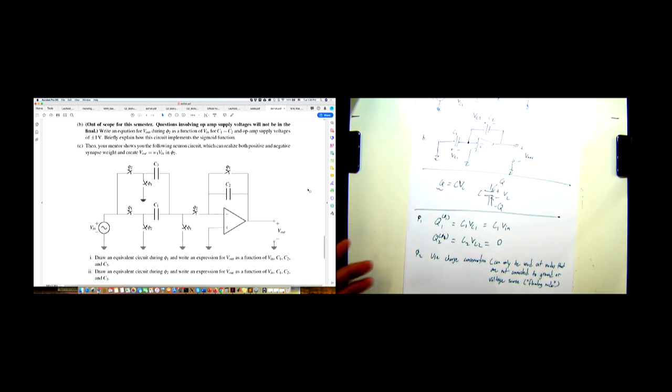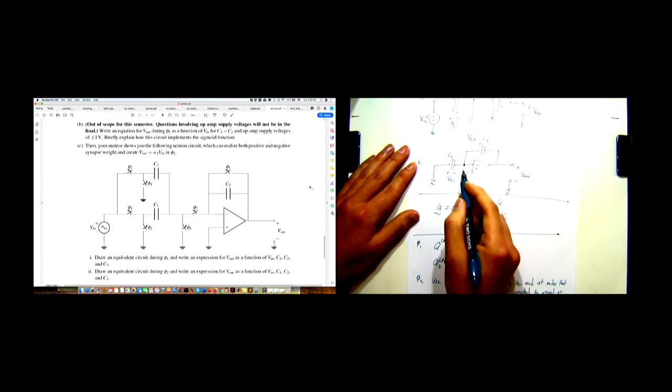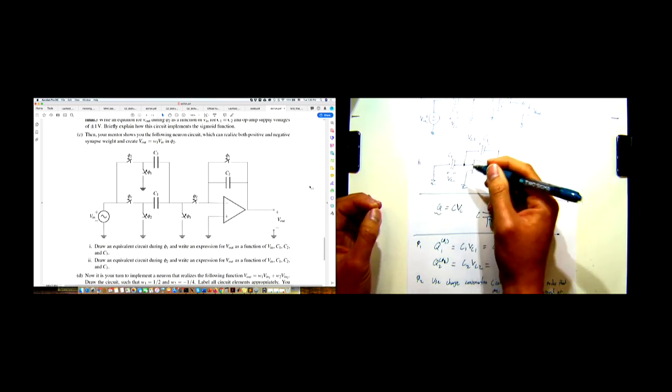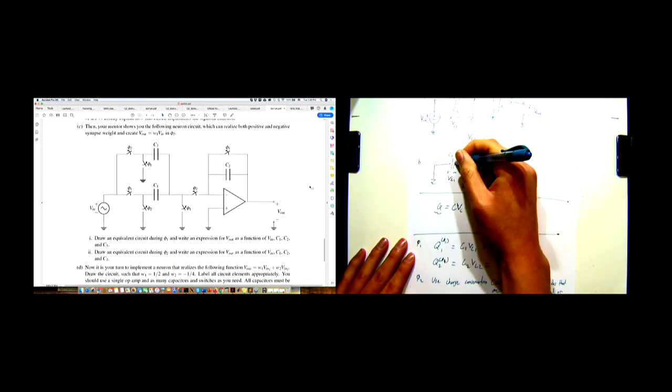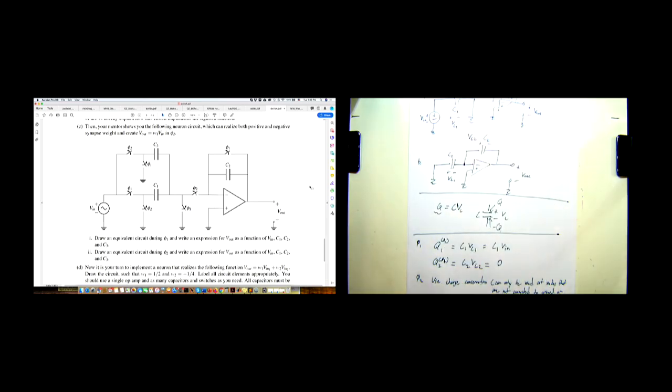Intuitively, if we look at phase 2, the charge at the minus terminal of the op-amp has nowhere to go. If it tries to go left, it'll get stuck on this plate of the capacitor, and remember, the plates of the capacitors are insulators.